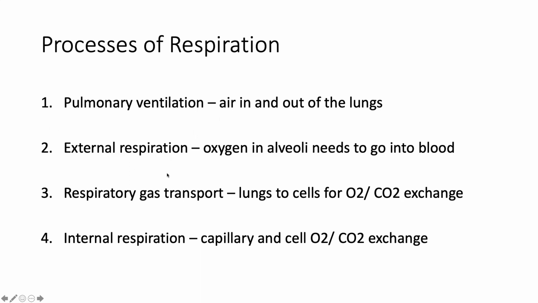Then the oxygen-carrying hemoglobin needs to be transported to the target organ cell. That is what we call respiratory gas transport. And finally, the oxygen from the hemoglobin should be delivered to the cell itself. That happens at the capillary level, and that is what we call internal respiration.